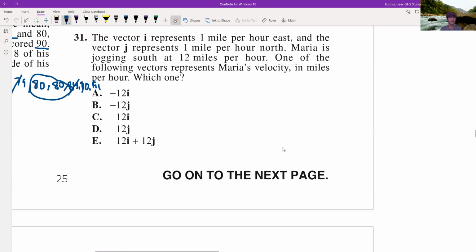All right, vector J, this is kind of a weird one, but vector I is 1 mile per hour east. Vector, and I'll just write I because this is I. Vector J is 1 mile per hour north.